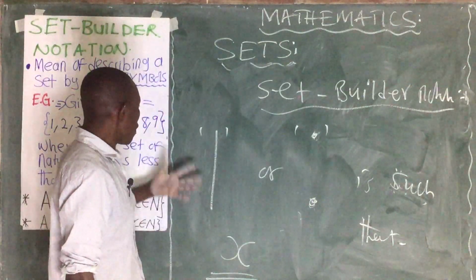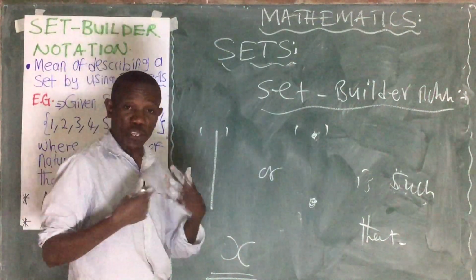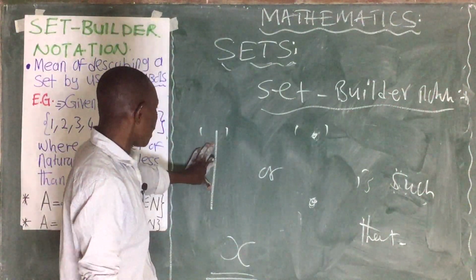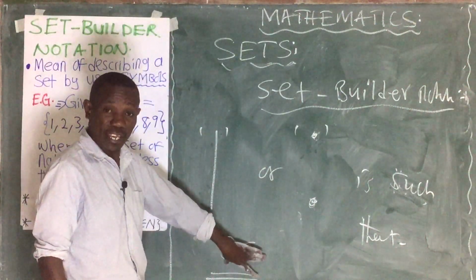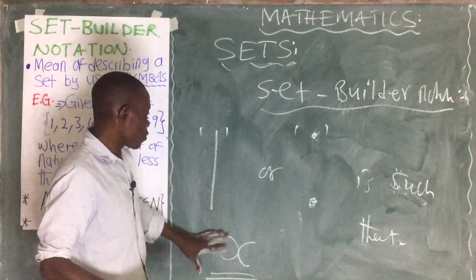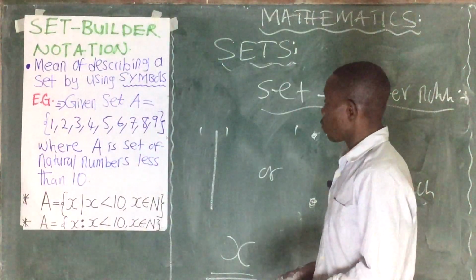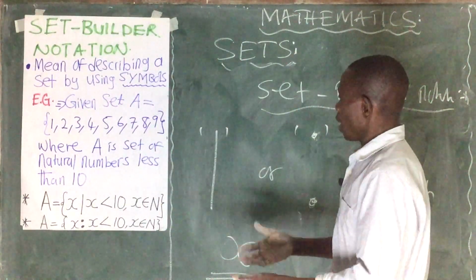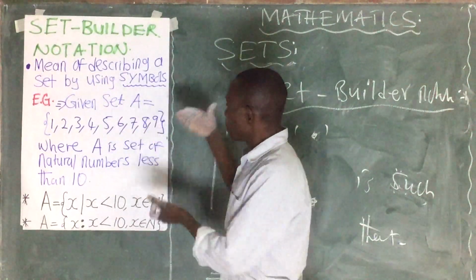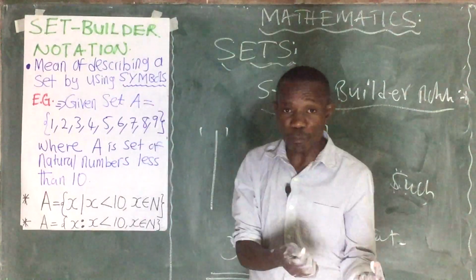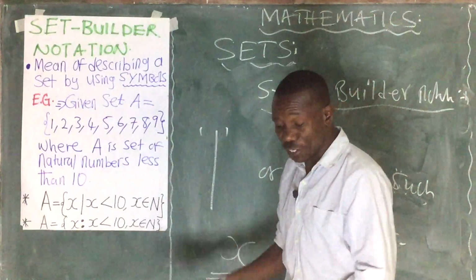So more importantly, in the set builder notation, there are symbols being used. One is this line, and the other is just a colon, and again a variable, like X or any other letter. Such symbols are the ones describing the sets, the elements of the set. For example, here we have a set A which has been presented in the form of elements directly, by the first method, like the one we have been doing in JCE.